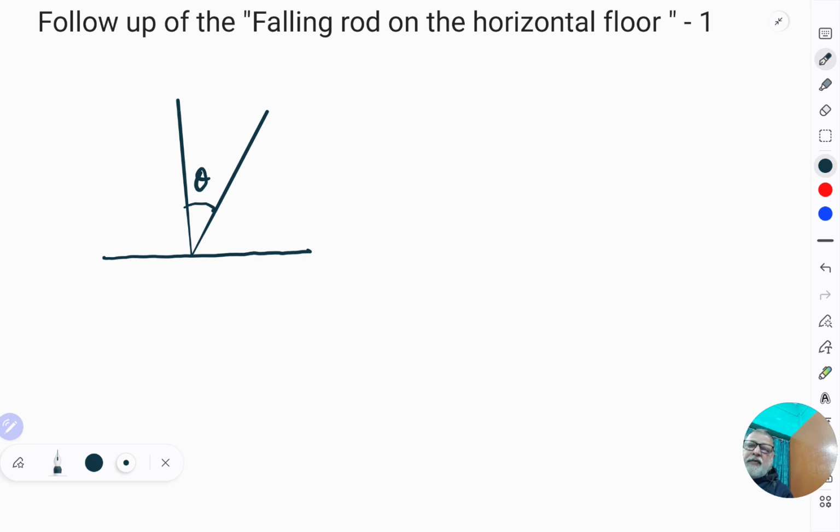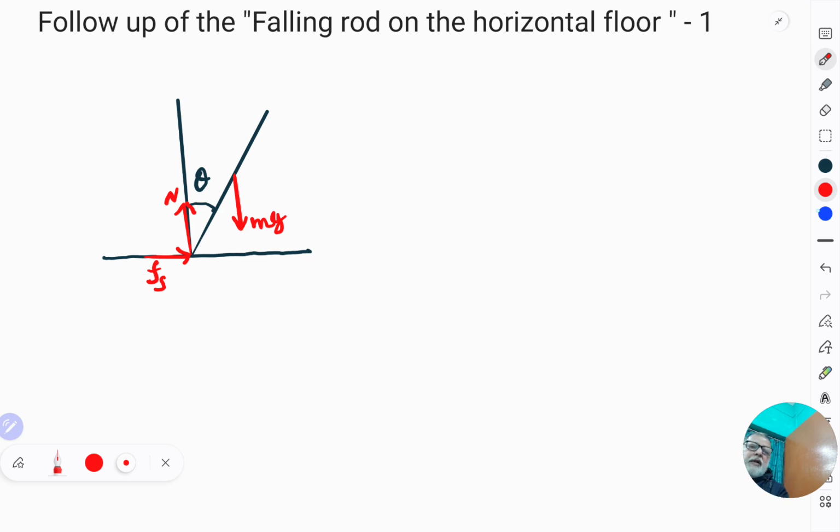From this inertial frame, the forces that we looked into in the system are gravity mg, the normal reaction N, and the static force of friction Fs. These are the three forces acting on my system.